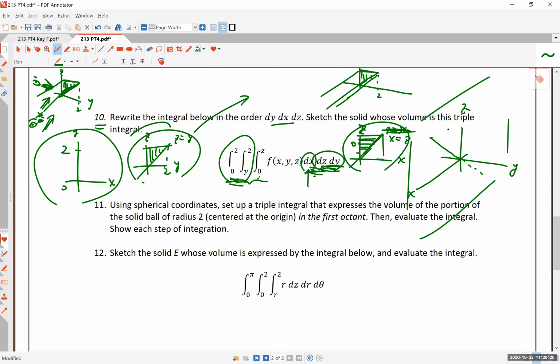What we're saying is x goes from 0 to x equals z. This is a 45-degree angle, and that's what we have to deal with. Imagine this and extend it in the y direction. That's the slice that I have to cut this other block along.